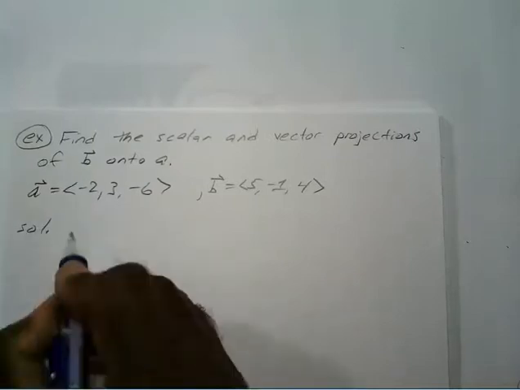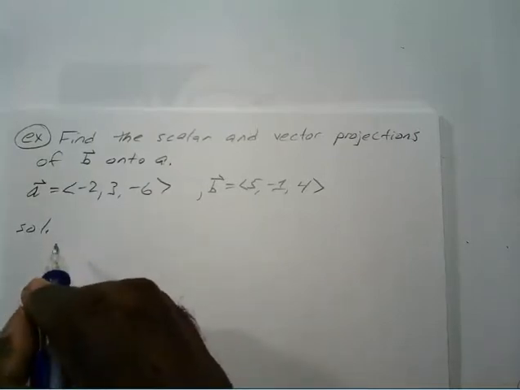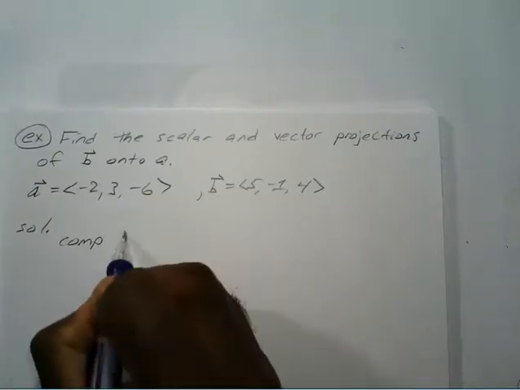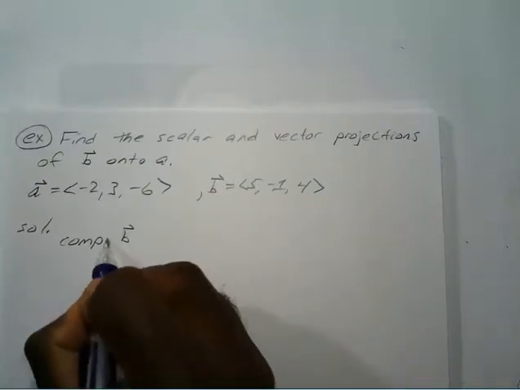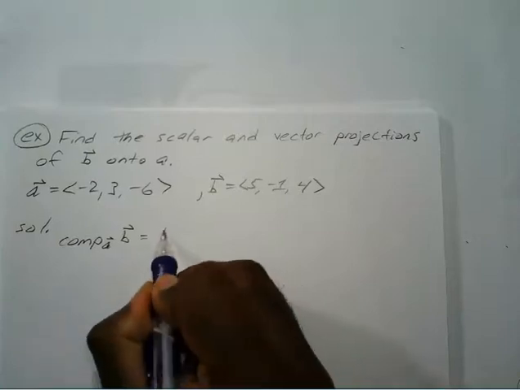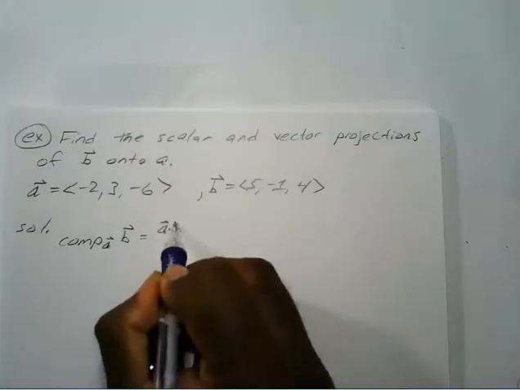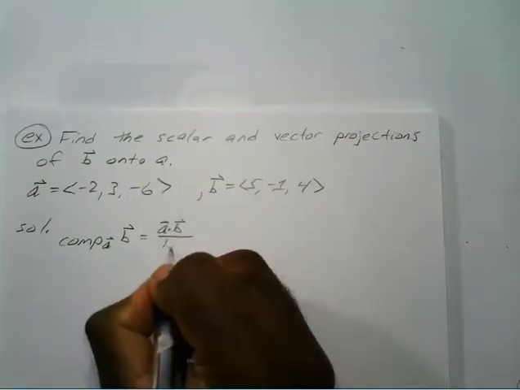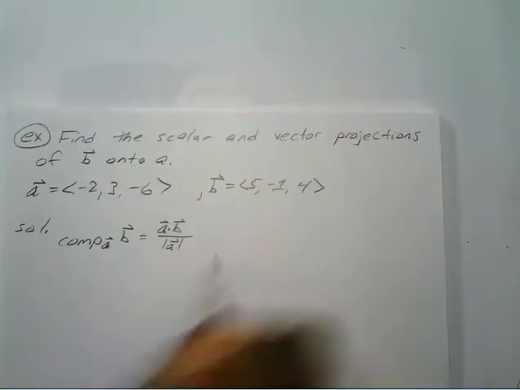All right, so our scalar component of B onto A equals the dot product of A and B divided by, remember when it's onto A, that means the magnitude of A is in your denominator.